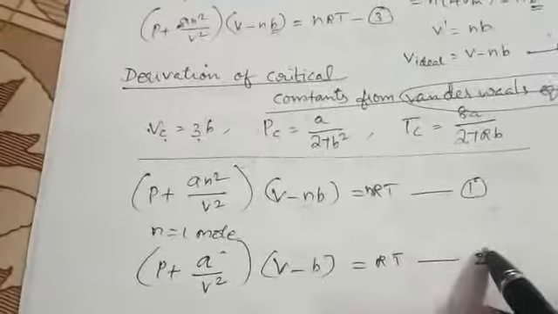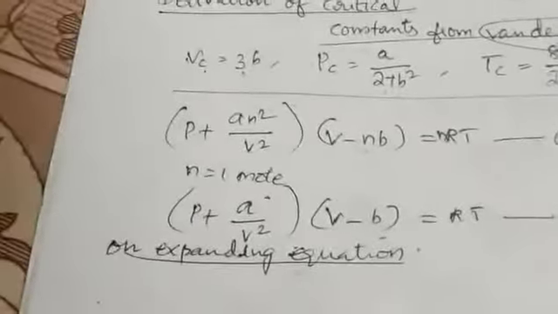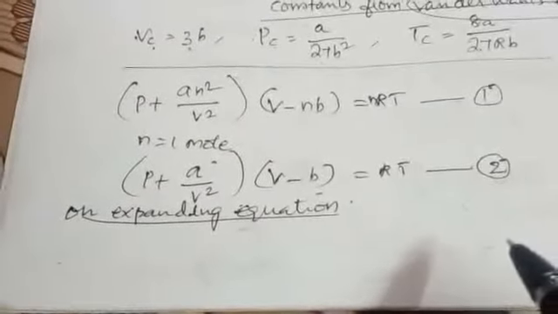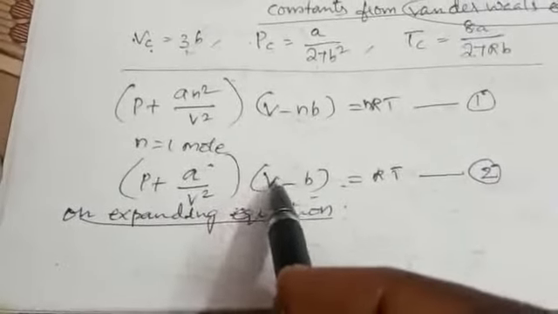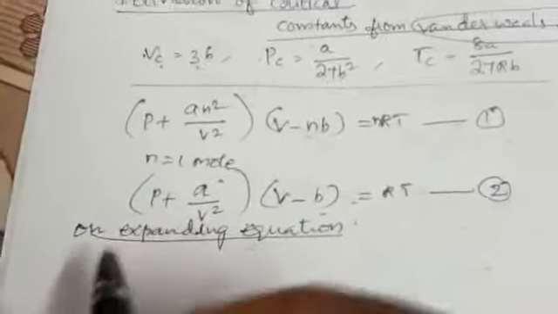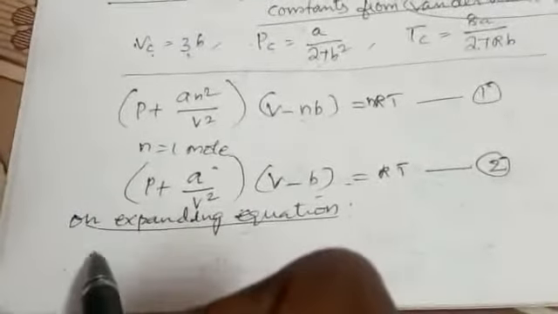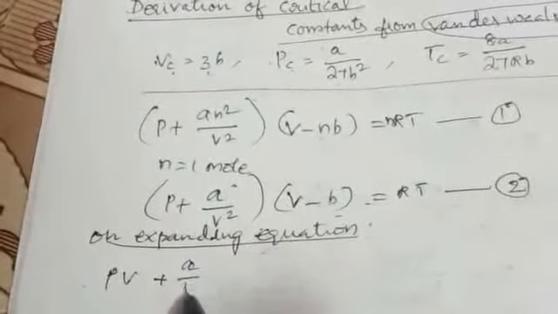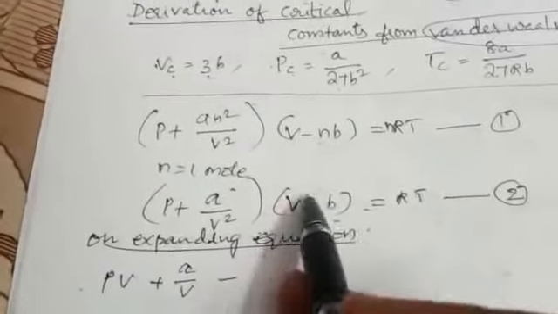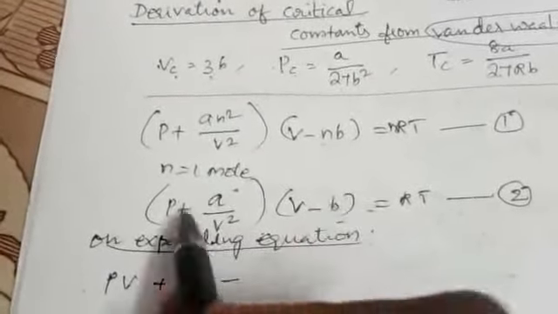That is equation number 2. Second equation, you have to expand. First multiply with V: that means PV plus, V squared and V cancel, a divided by V, minus next, multiply with minus b.